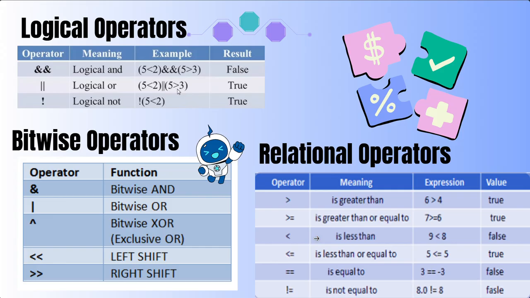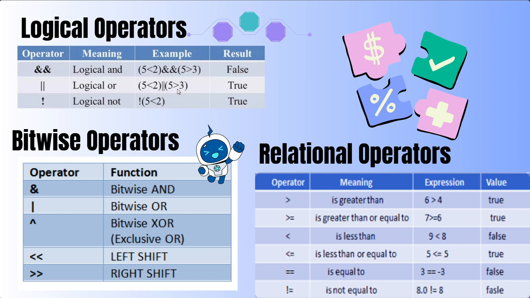Moving on, we have logical operators, bitwise operators, and relational operators. Logical operators include double ampersand, which is logical and, logical or, the two vertical bars, and logical not.